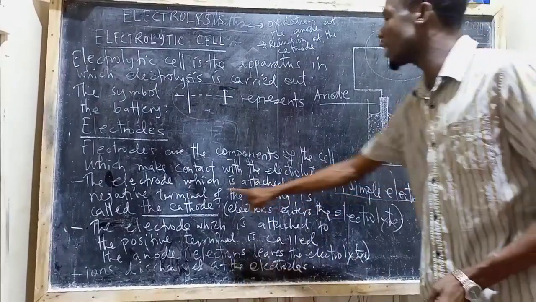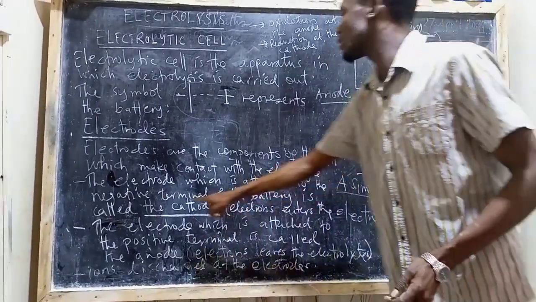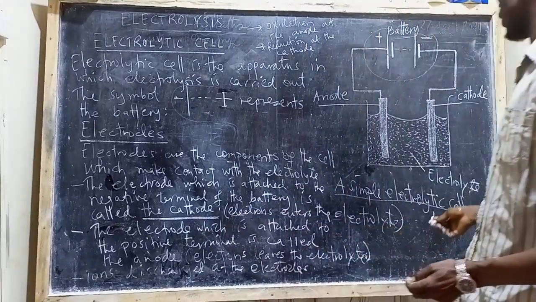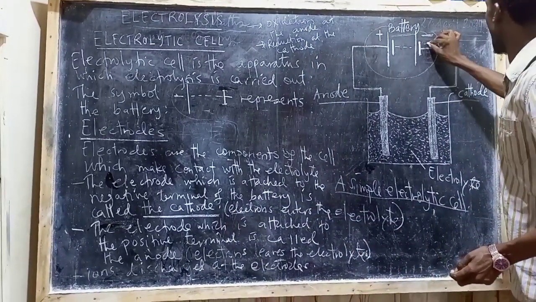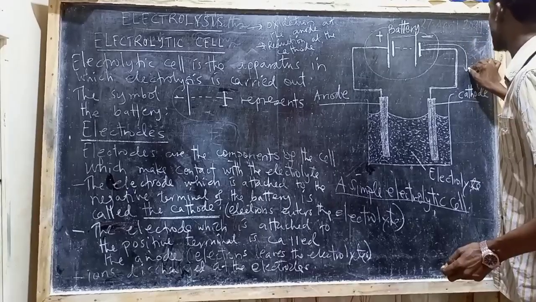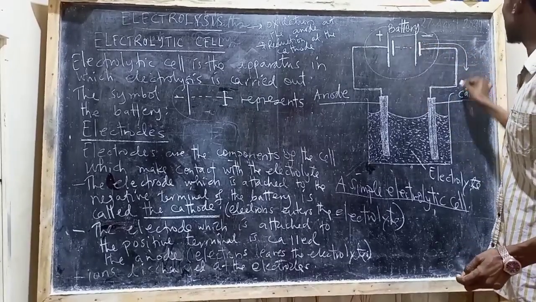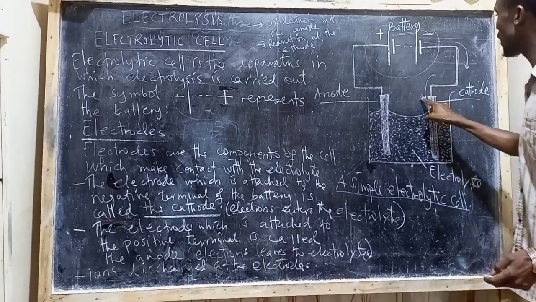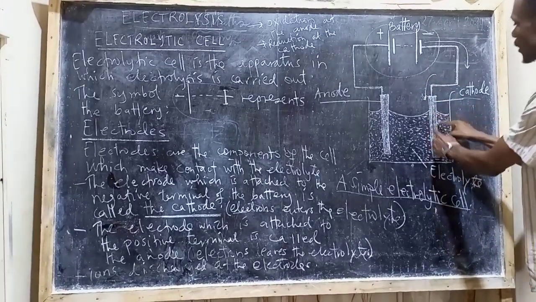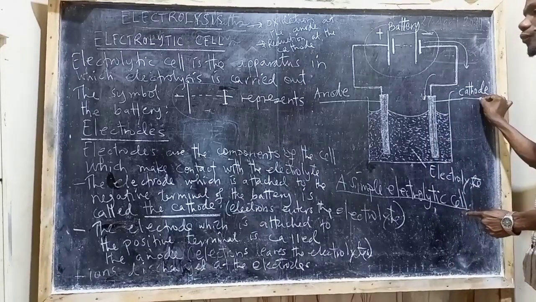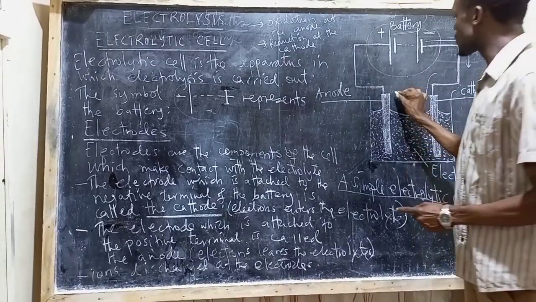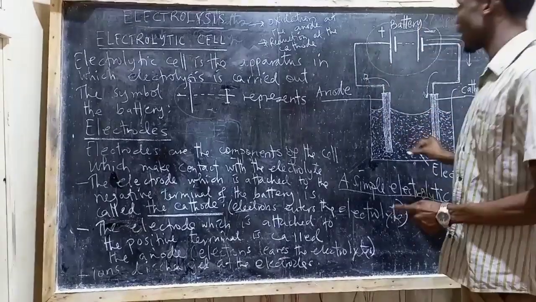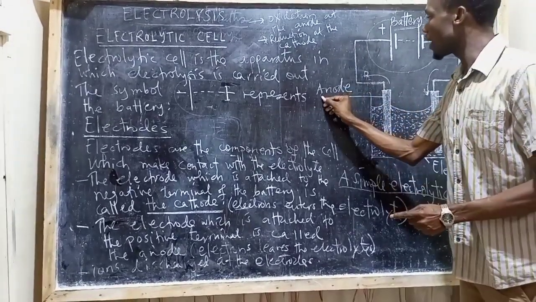These are the ones connected to the electrolytes, and that is why we say the electrode attached to the negative terminal of the battery is called the cathode. The electrons leave the battery and enter the electrolytes through the cathode. But electrons leave the electrolytes through the anode.